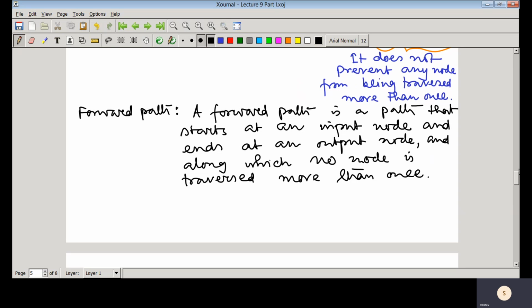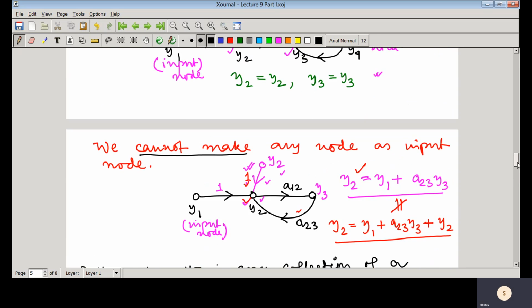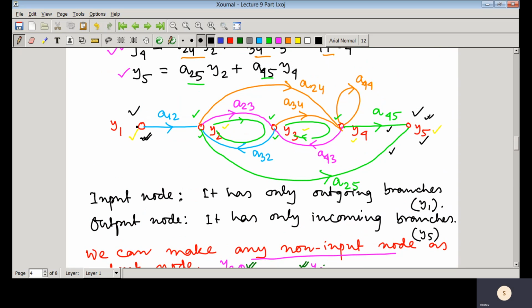So let us see in this particular example what we have. You can see that this is the input node and this is the output node. One forward path is y1, y2, y5. You can see here this is that path, this one, and that one.